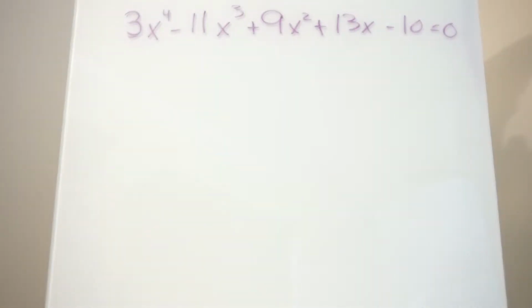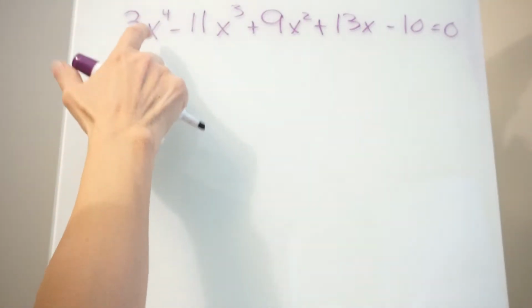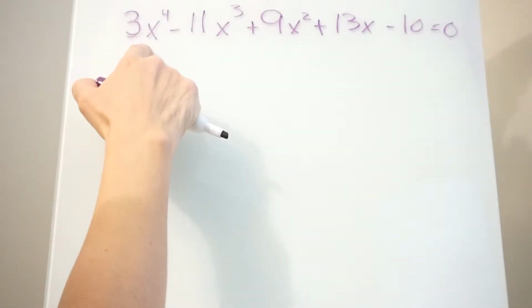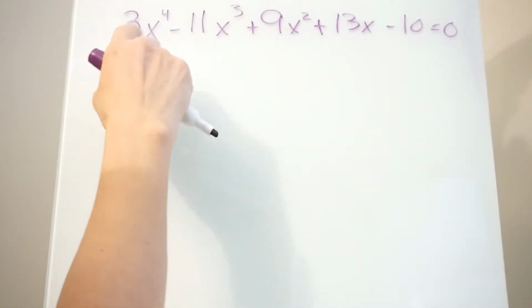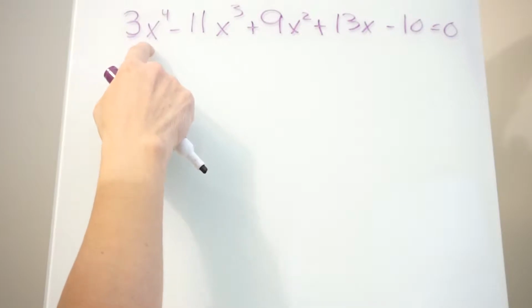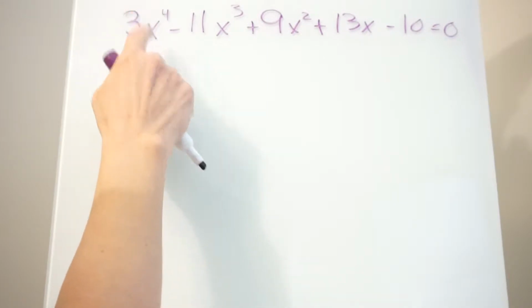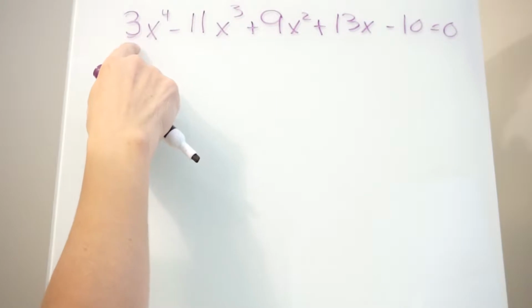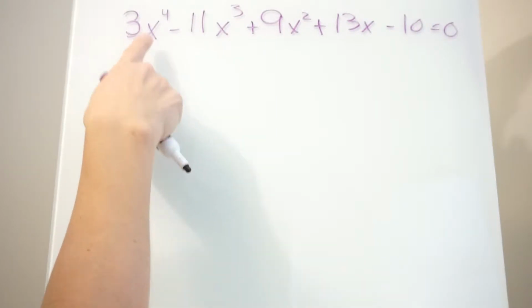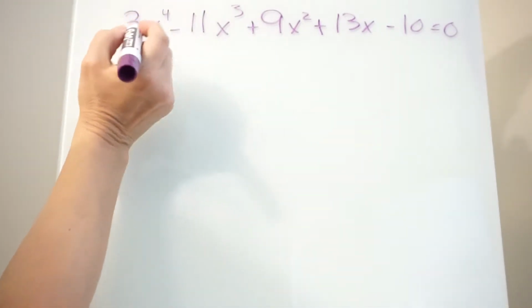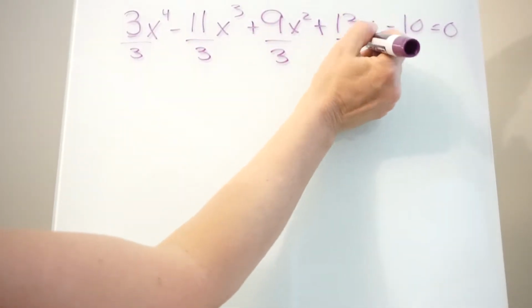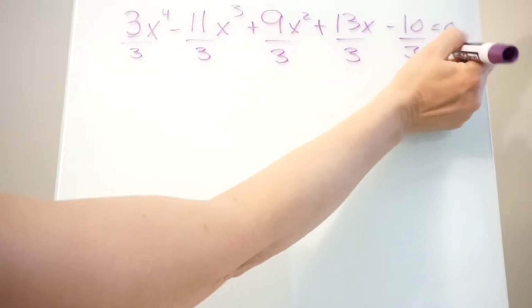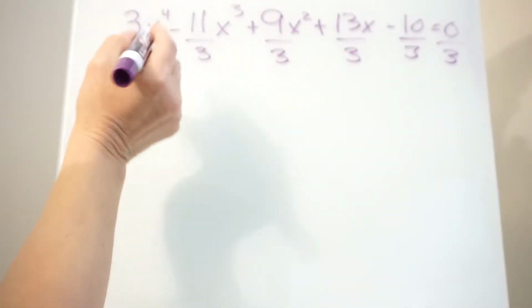A normalized polynomial equation is simply an equation in which the term with the highest degree has a lead coefficient of 1. Because this is in descending order already, the x to the fourth is the highest degree term. So we want to make this a lead coefficient of 1. We just divide every single term by 3 on both sides of the equation, but because it's equal to 0, that's still going to be 0.